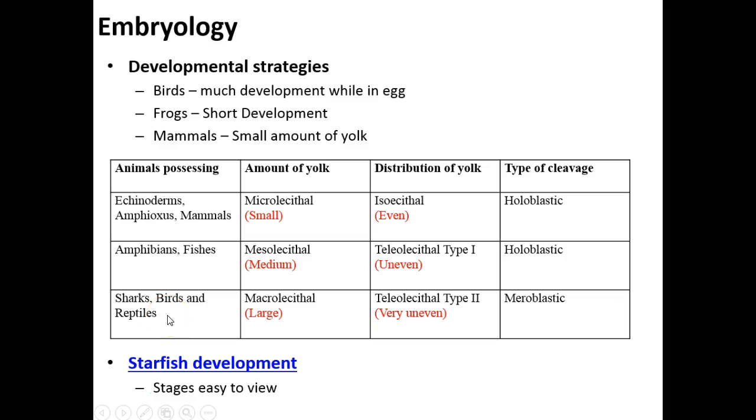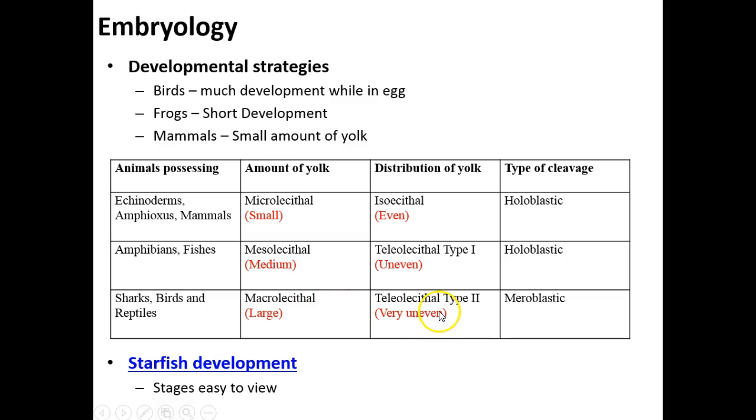The sharks, birds, and reptiles are quite a bit different. They are macrolecithal, and that means they have a large amount of yolk. That's why we enjoy eating bird eggs so much, because that yolk is really tasty, right? Huge source of proteins and fats, and meant for sustaining the development of a growing organism. They have very uneven yolk.